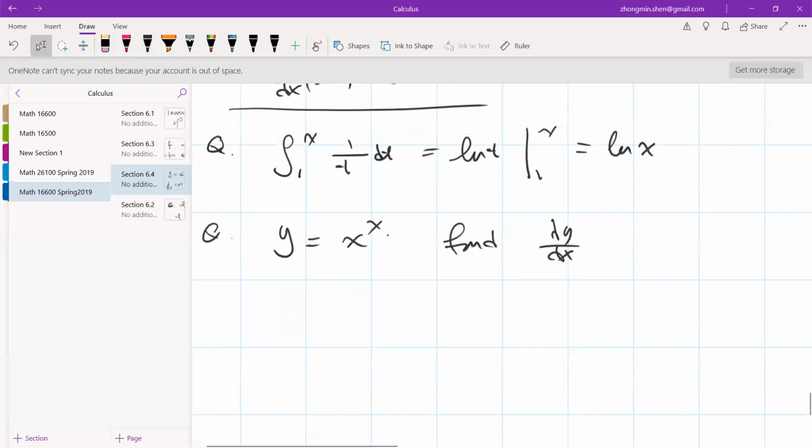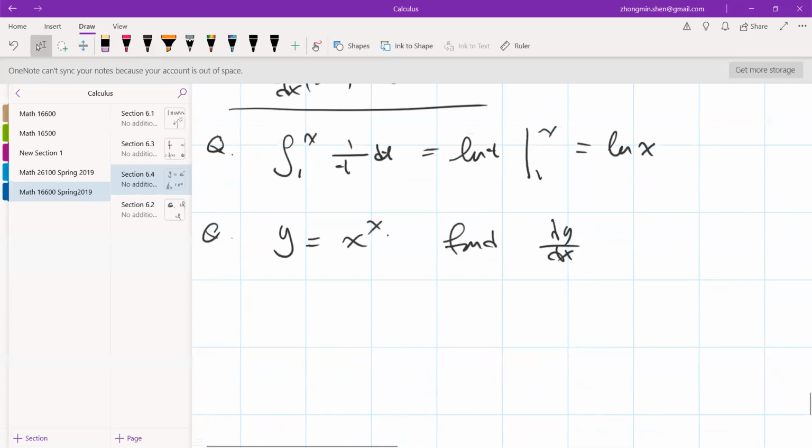Right. So how do you find the derivative of this? There are a couple ways to do it. You can use an exponential function. You can use a log function. Okay. This is another exponential function, x to the x. This is not a power function.